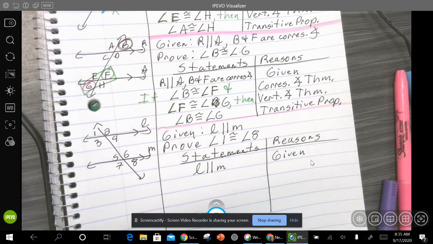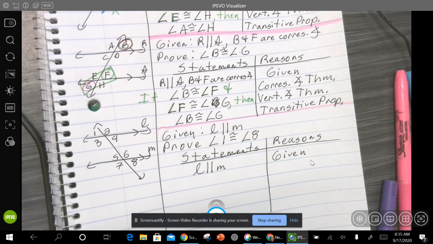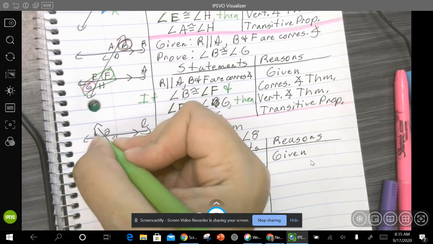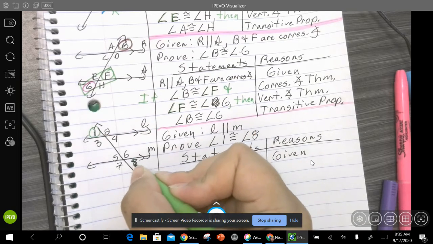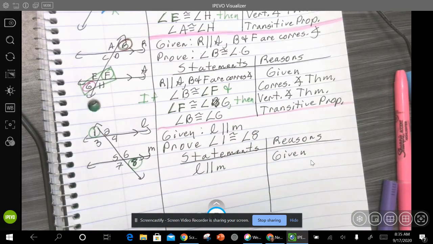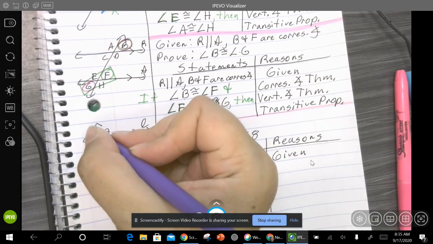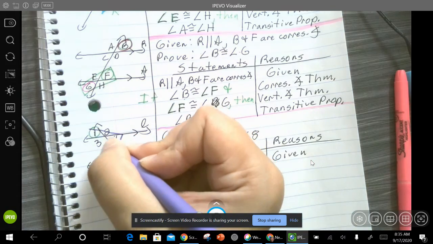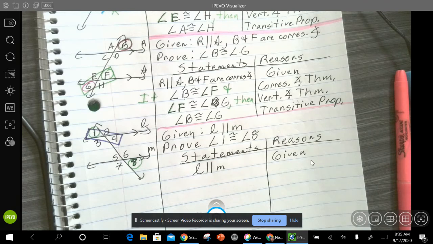Okay, since we know that those two are parallel, we need to eventually prove that angle 1 and angle 8 are congruent. Well, I know that angle 1 and angle 4 are vertical angles.